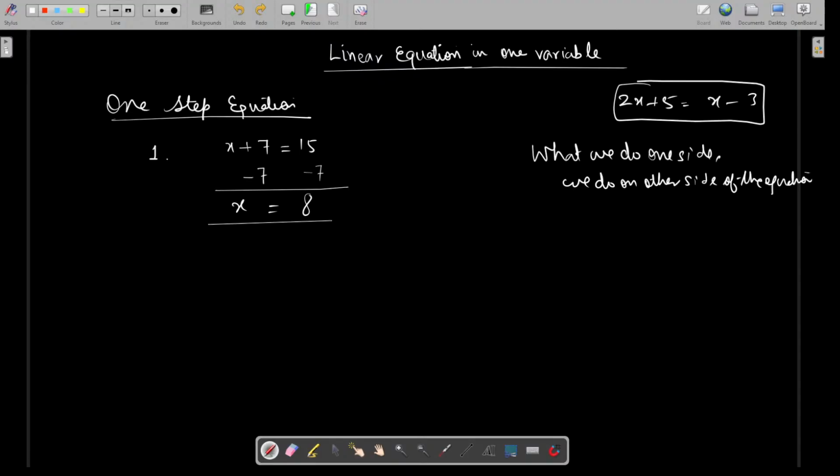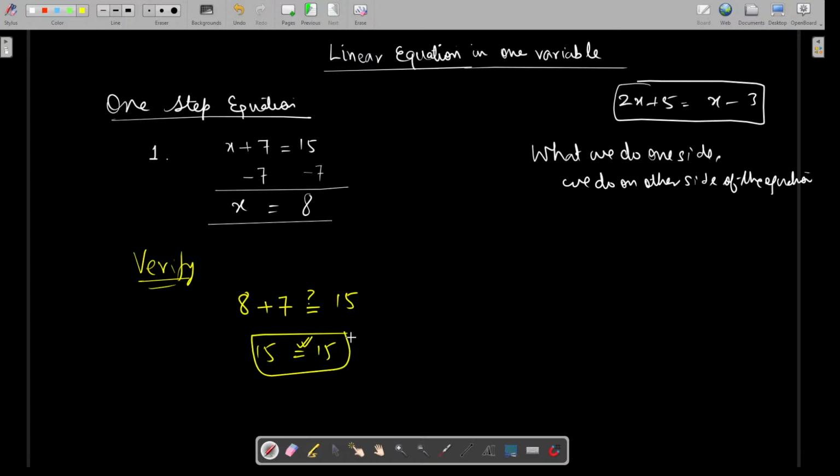So how can we now verify that what we solved is correct? To verify, we plug this value of x into the equation and see whether it makes the equation true. So x plus 7 becomes 8 plus 7, and we ask whether it equals 15. The question mark means whether it is equal or not. 8 plus 7 is indeed 15, and 15 equals 15.